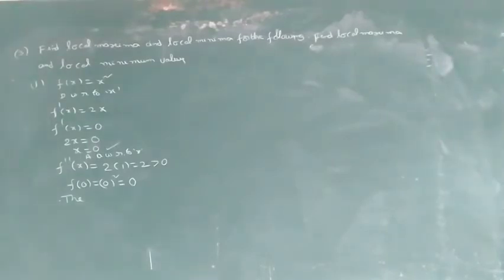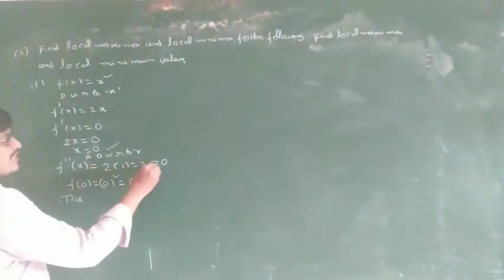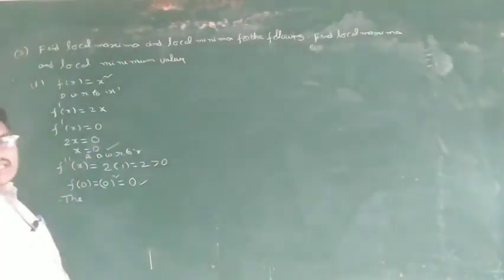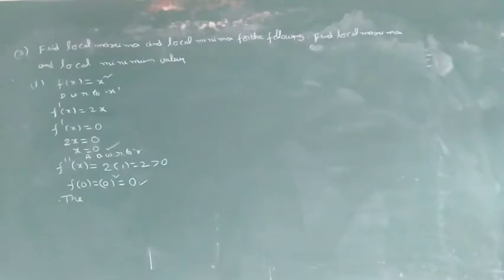Is this 0 a minimum value or maximum value? Minimum value, because f double dash of x greater than 0. F double dash of c greater than 0 means local minima. F double dash of x less than 0 means local maxima.